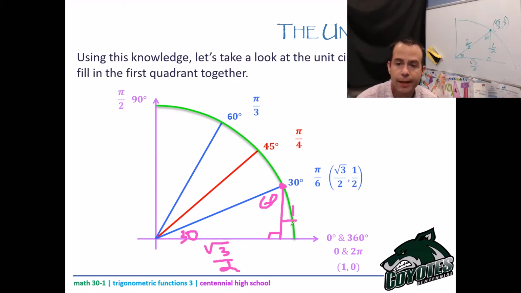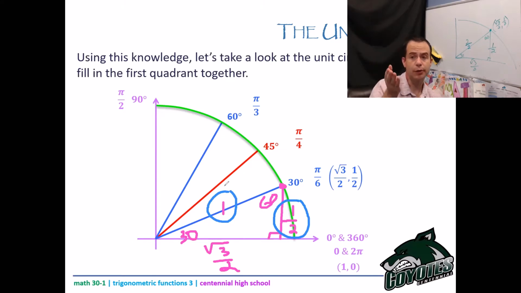If I now asked you to get me the sine of 30, the sine of 30 is opposite over hypotenuse, or your y value over your r value, or just your y value, because your r value is 1.